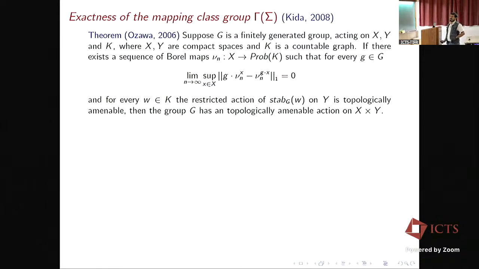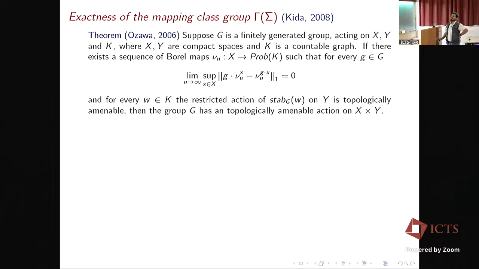This result says that if a group acts, so here look at this space Y as an auxiliary space, just in case your stabilizers are not good. So you take a product with these spaces Y. These are also compact spaces. These are typically the Stone-Čech compactifications if we need them at all.